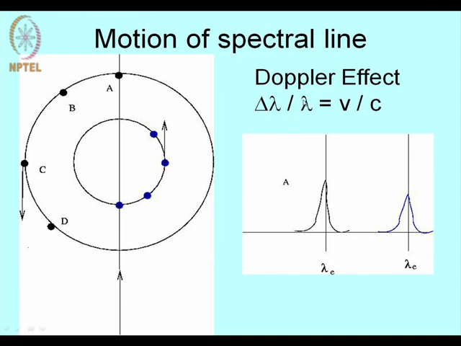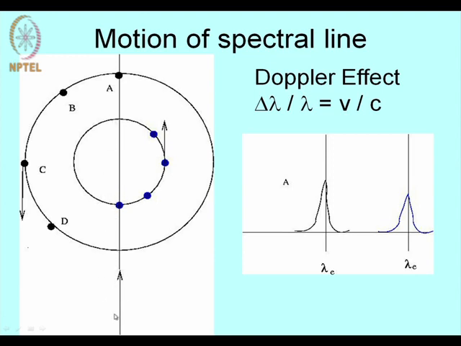So, there is a spectral line which is emitted at a wavelength lambda, and if the source is moving with the velocity v, then an observer will see a shift in wavelength, and the shift in the wavelength delta lambda is such that delta lambda by lambda is equal to v by c. So, the fractional shift in the wavelength is proportional to the speed with which the object is moving, and it is only the line of sight component of the speed.